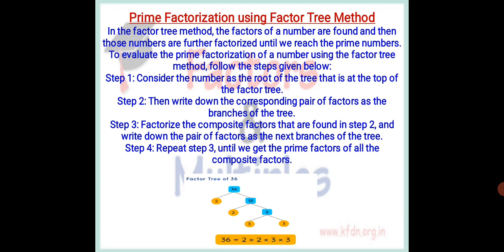So after that, no more segregation is possible. So what is the prime factorization of 36? 36 equal to 2 into 2 into 3 into 3. See, 2 into 2, 4. 4 into 3, 12. 12 into 3, 36.